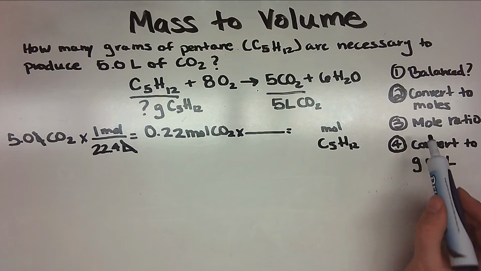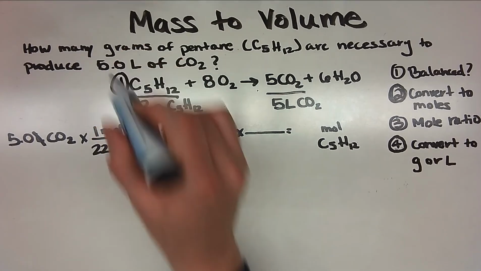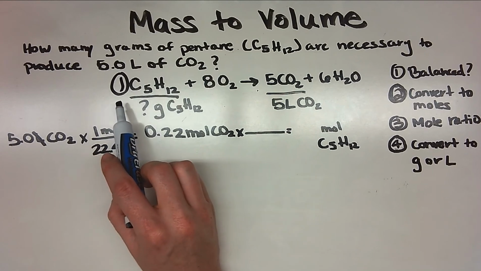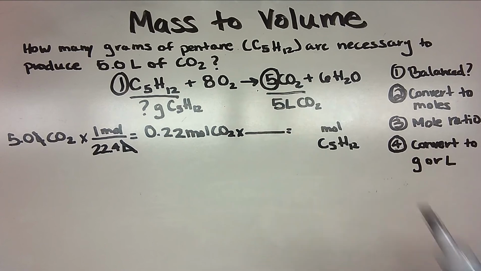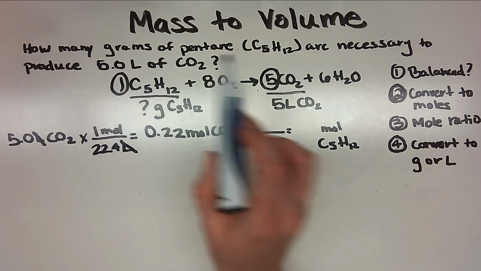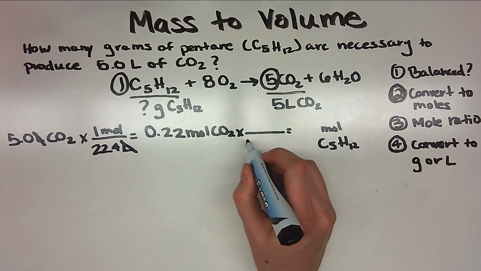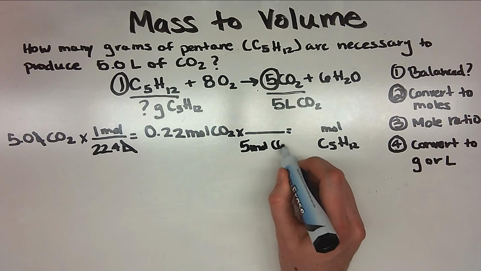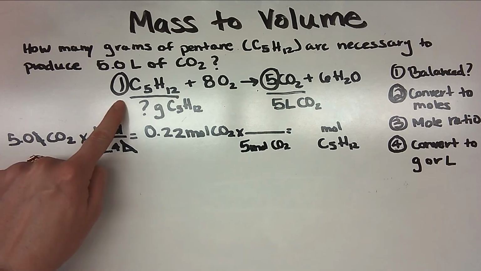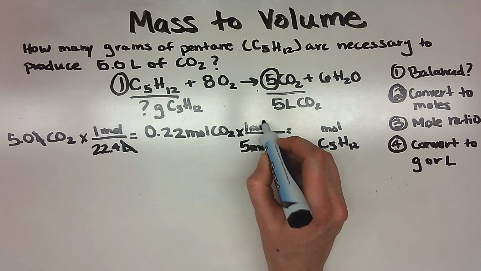Alright, so now I'm going to use that mole ratio. So that means I'm going to look at my coefficients. I know that for every 1 pentane, 5 carbon dioxides will be produced. So it's a 1 to 5 relationship. So to cancel out my CO2, I'm going to put 5 mole of CO2 for every 1 pentane. So that's going to go on top.